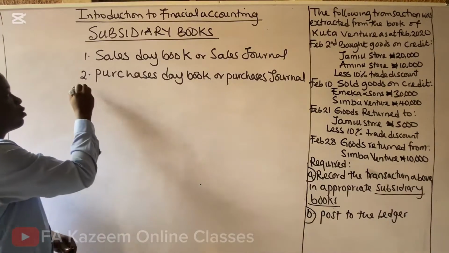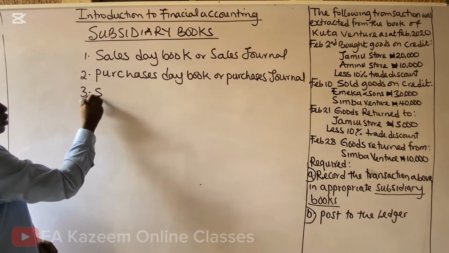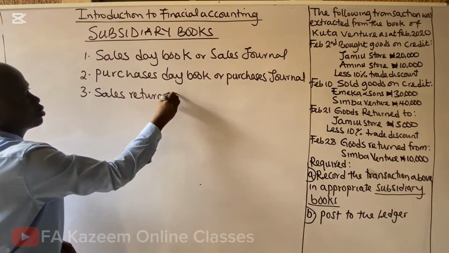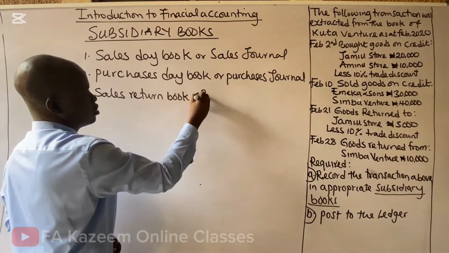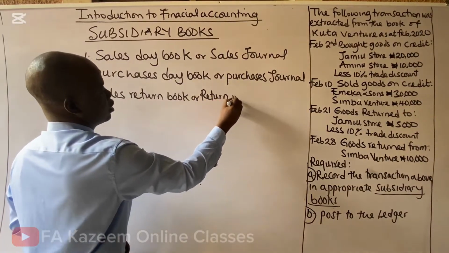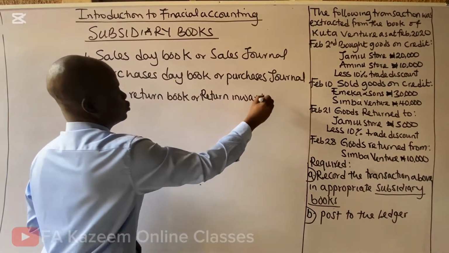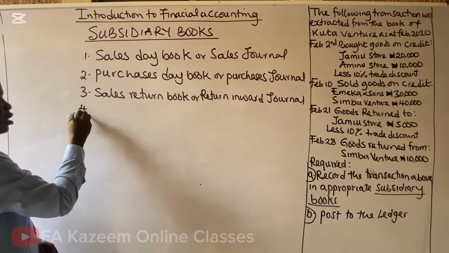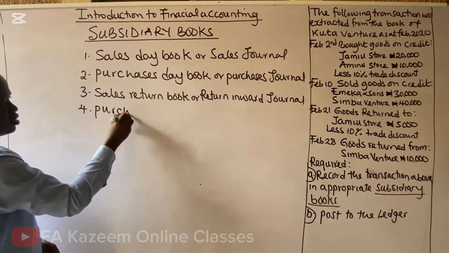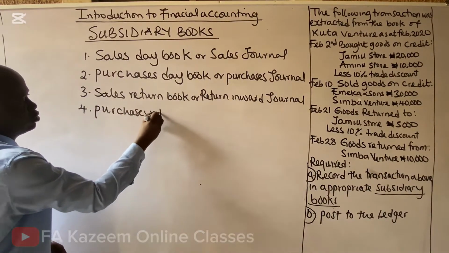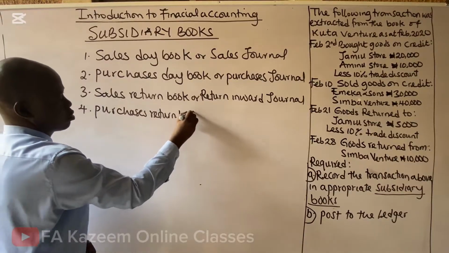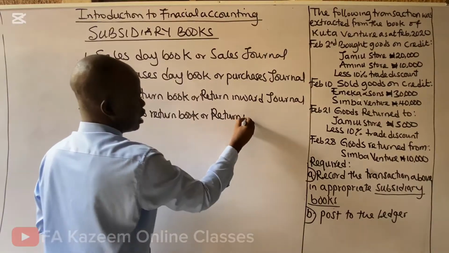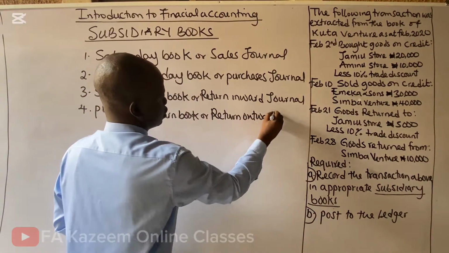We have the sales return book, or we call it return inward journal. Also, we have what we call the purchases return book, or we call it return outward journal.